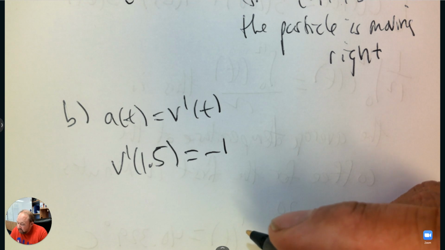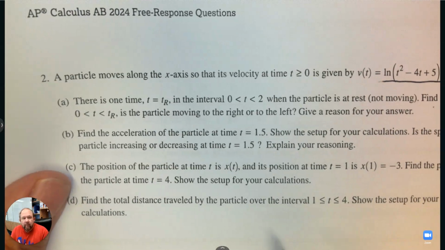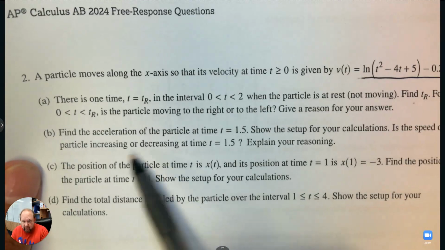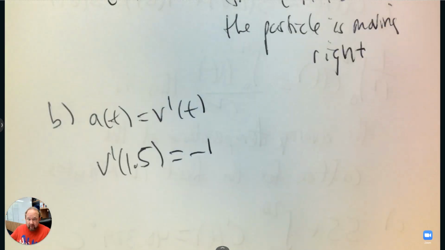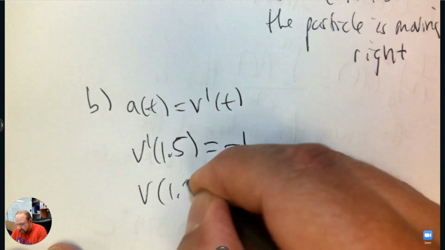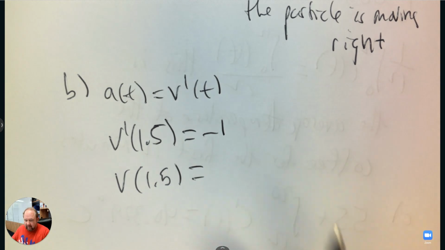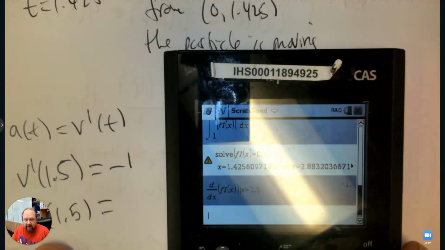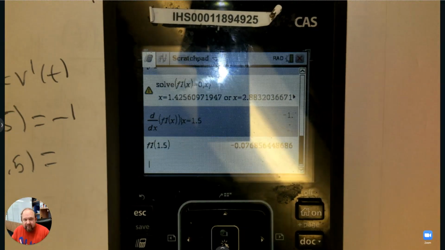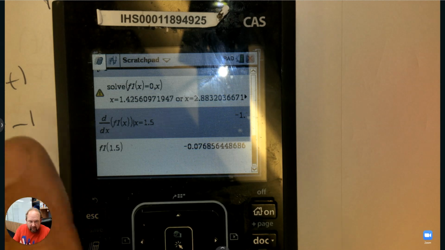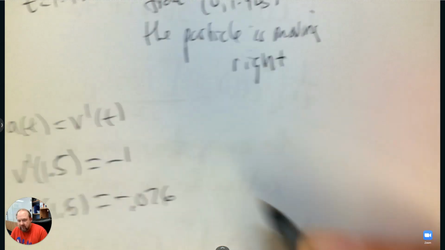Then it says, is the speed of the particle increasing or decreasing at that time? To know if speed is increasing or decreasing, we need to also know the velocity at the same time, and we need to see if the signs match or if they don't match. We said the acceleration's negative. How about the velocity? I just need to go f1 at 1.5, and I get -0.076.